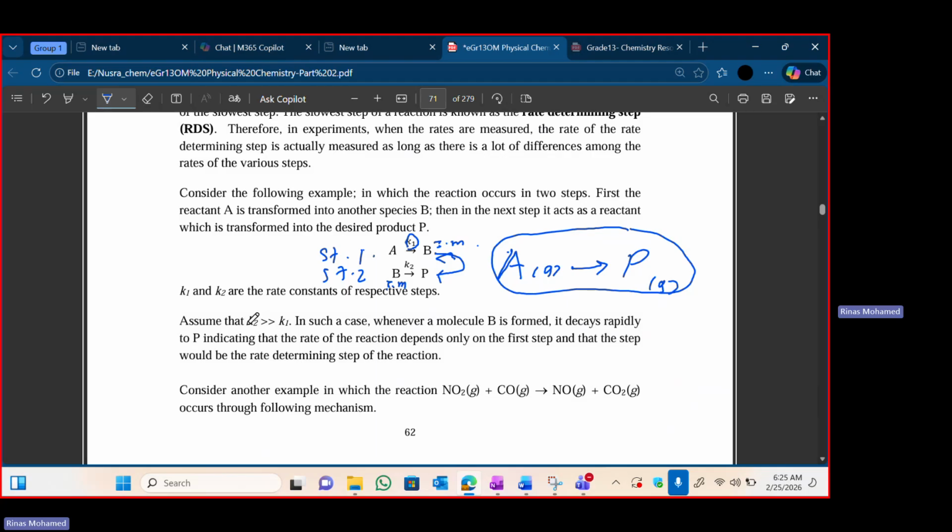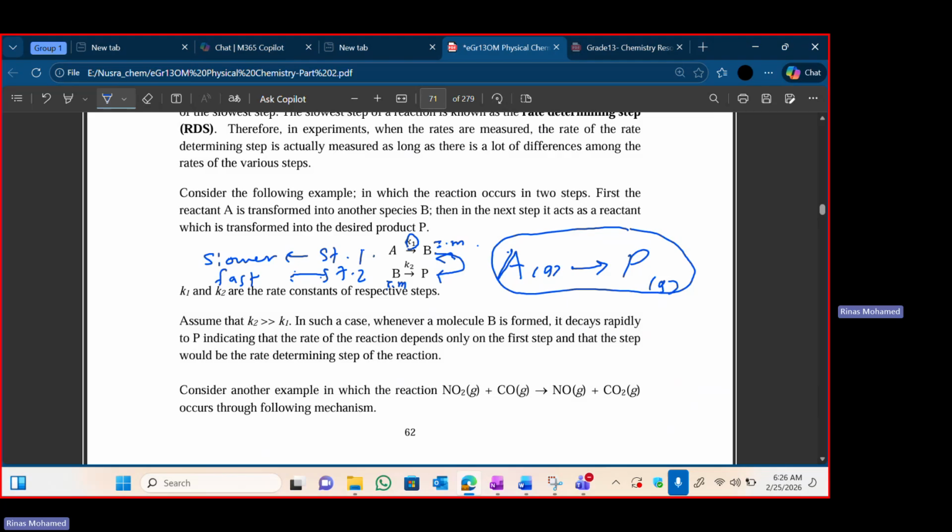So K2, which is in step 2, is the fastest step, right? Step 2 is the faster step, and step 1 is the slower step.